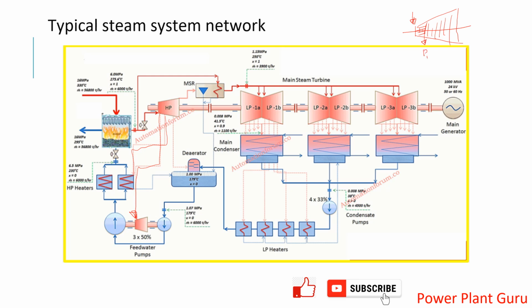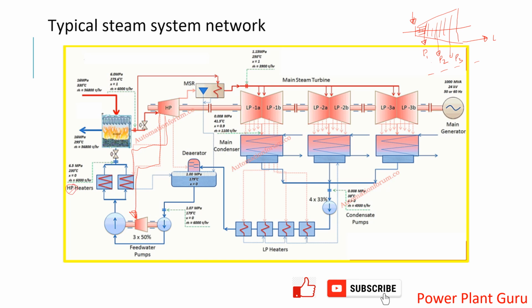This extraction will have a certain pressure which is lower than this, and after that you have another extraction similarly, and all of these will have continuously lower pressure as the steam reaches the last stage. So accordingly, based on the heat requirement of that particular equipment, in that series or sequence these extractions are placed.